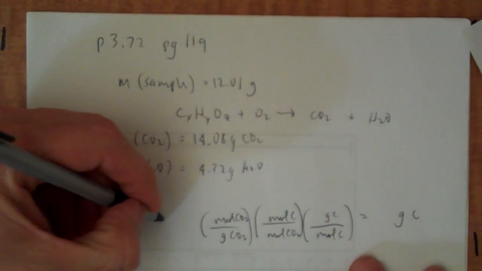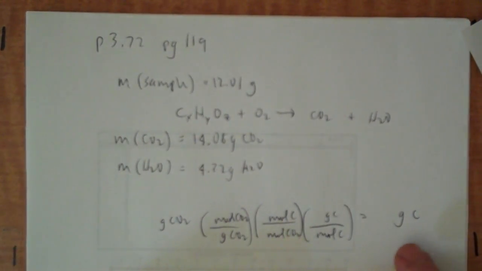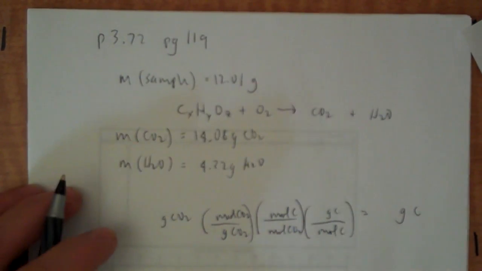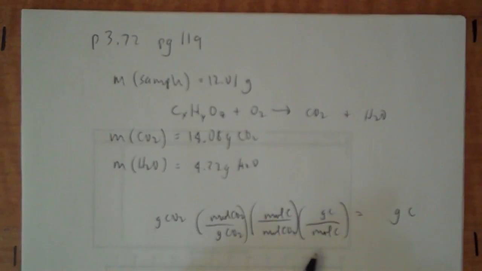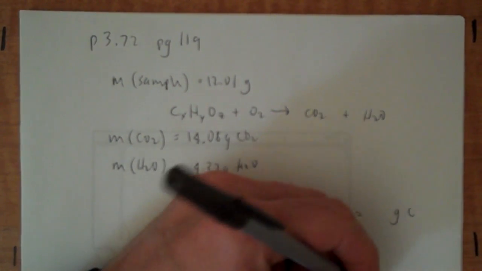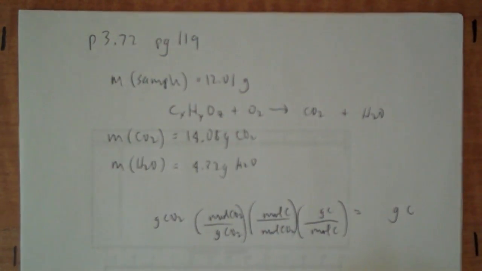Okay, that's going to give me my grams of carbon. You might want to pause the video and look at that, and predict what numbers go where. But before I do anything else, let me go on and set up my hydrogen.